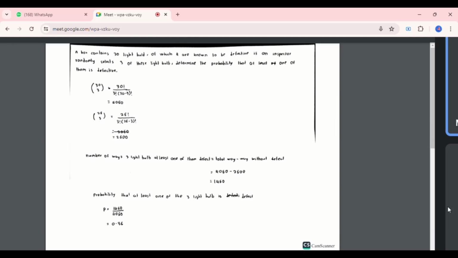Then to get the number of ways for 3 light bulbs with at least one of them defective, we subtract the ways without defect from the total ways. We know the total is 4060 and the ways without defect is 2600, and we get 1460.